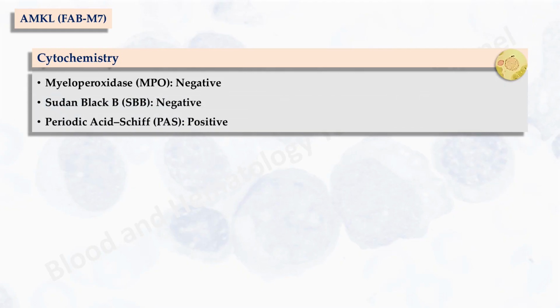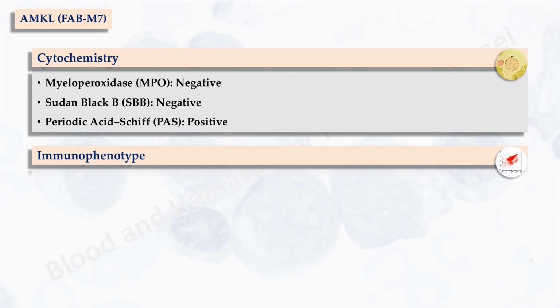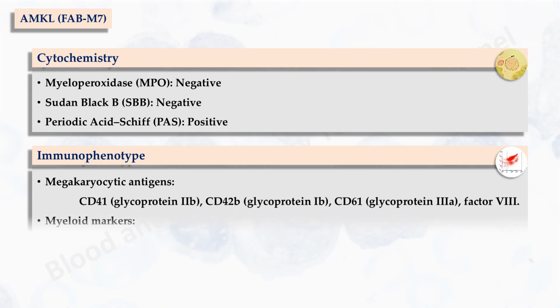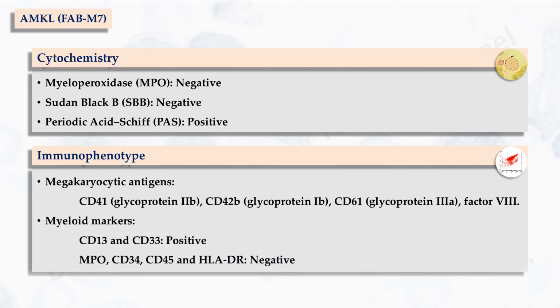AML-M7 blasts generally do not stain with myeloperoxidase and Sudan black B, but show activity with periodic acid Schiff. Megakaryoblasts are identified by immunostaining, using antibodies specific for megakaryocytic antigens such as CD41, CD42b and CD61.